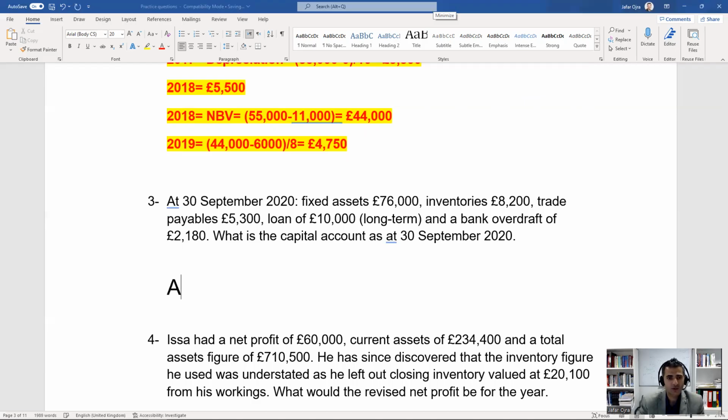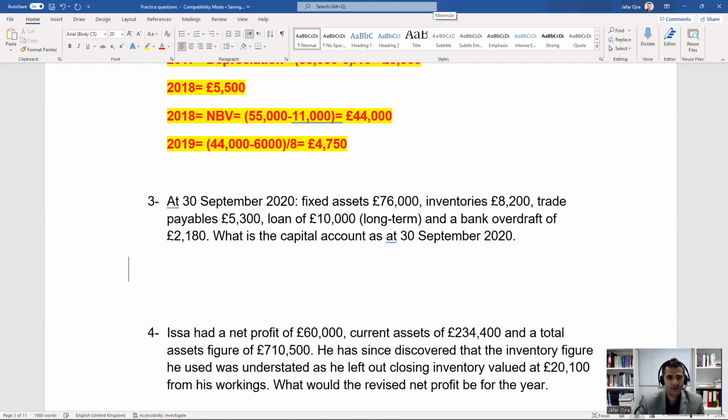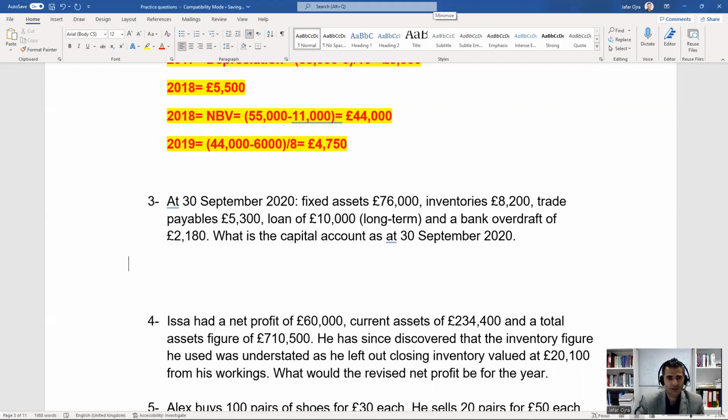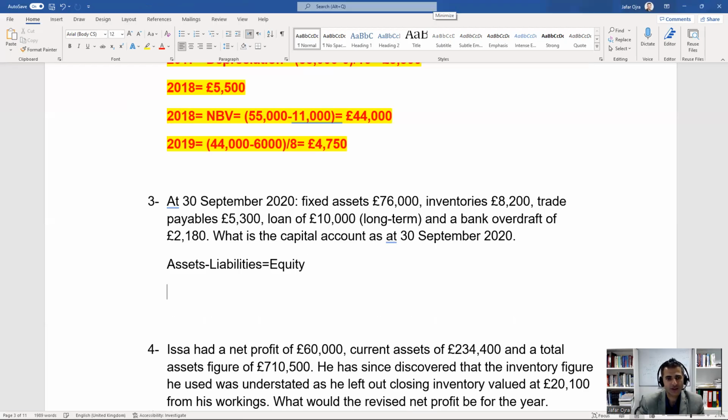So here we go. Assets minus liabilities equal equity. So that's the accounting equation.